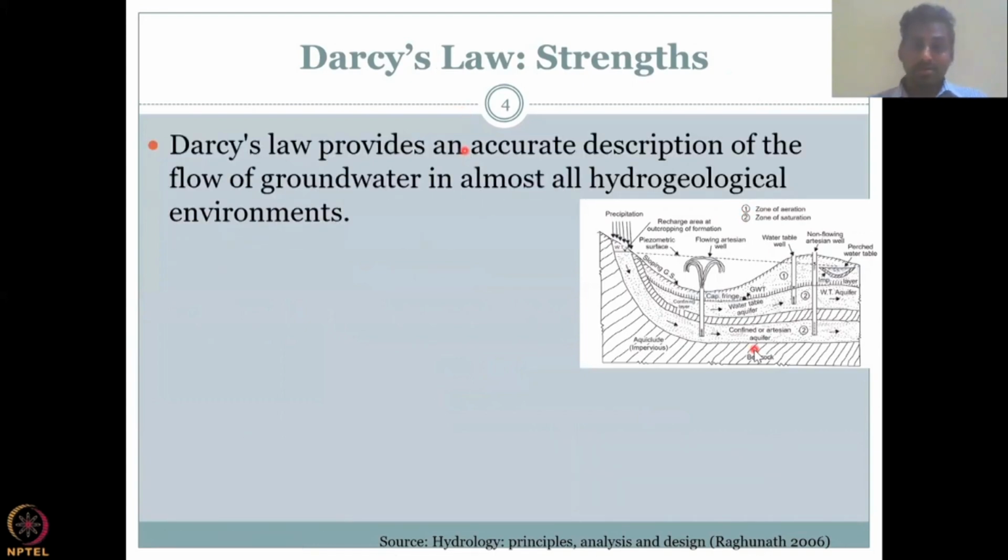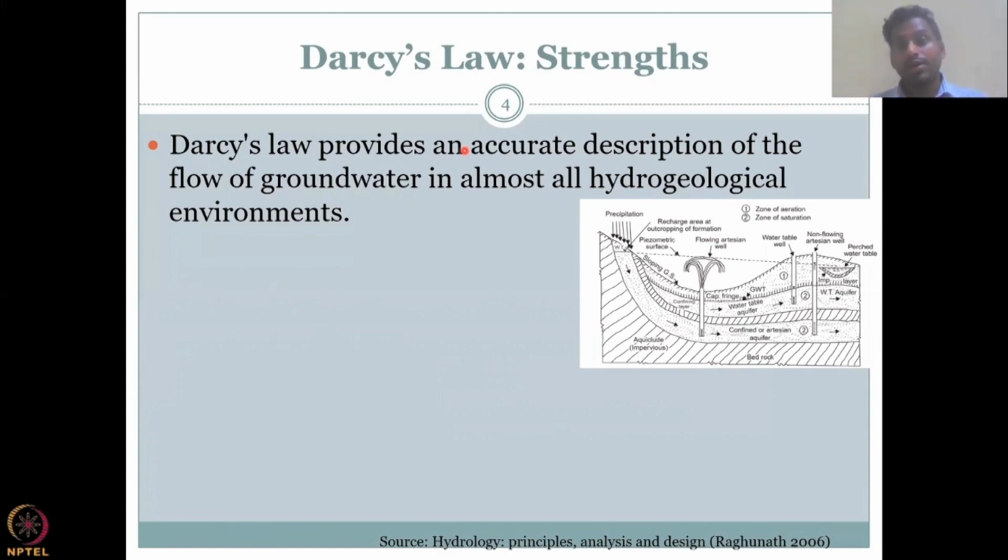Darcy's law provides a very accurate description of the groundwater flow in almost all hydrogeological environments. Why? Because the only data that it requires other than the groundwater data is K, which is your hydraulic conductivity.